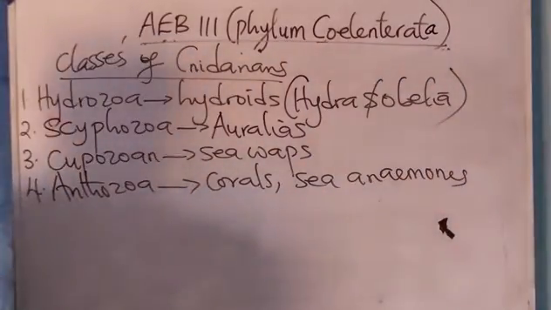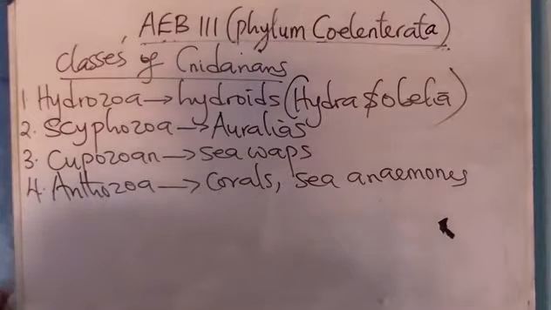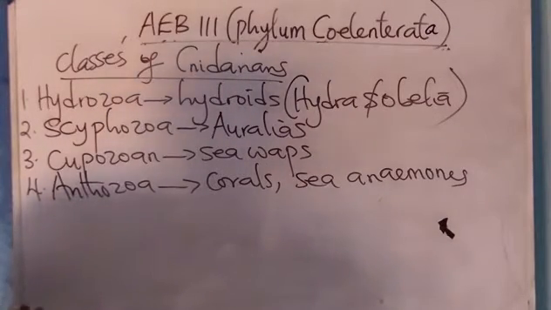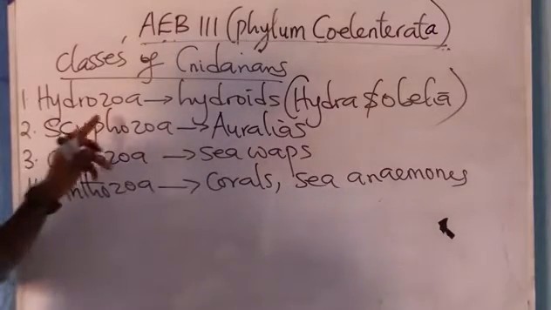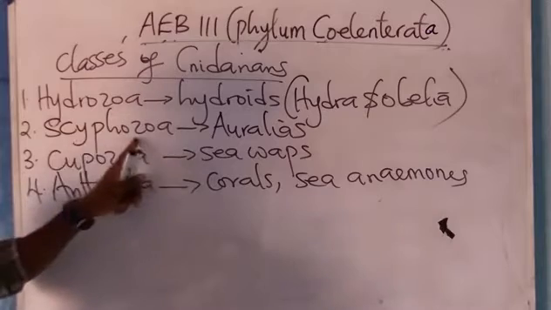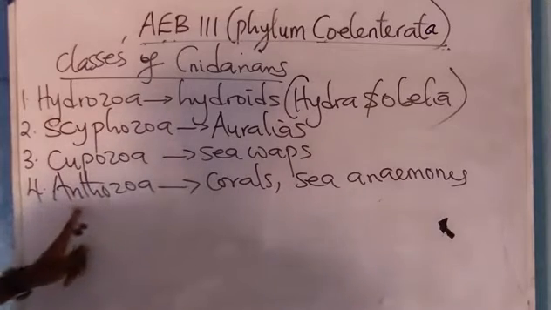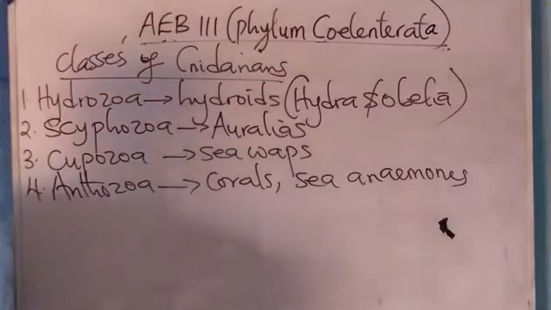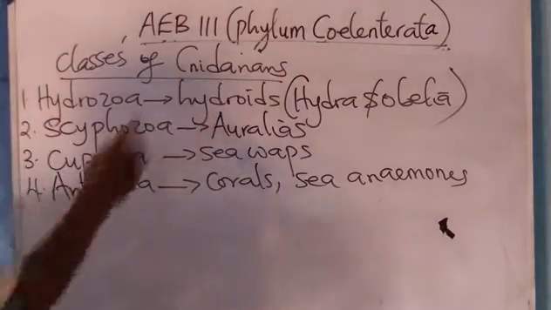Alright, corals and sea anemones are examples found under the class Anthozoa. Okay, so you have the Hydrozoa, the Scyphozoa, the Cubozoa, and the Anthozoa. So these are the 4 classes of cnidarians.